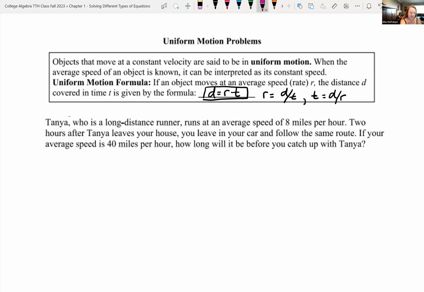So we know that her average speed is 8 miles per hour. So let's just look at Tanya. So we know that the distance for Tanya is her rate, which is 8 miles per hour times time, t.